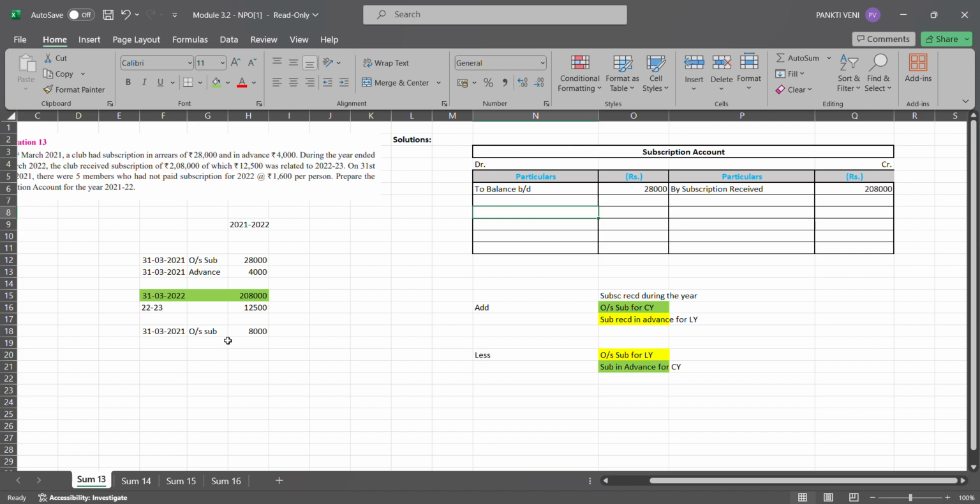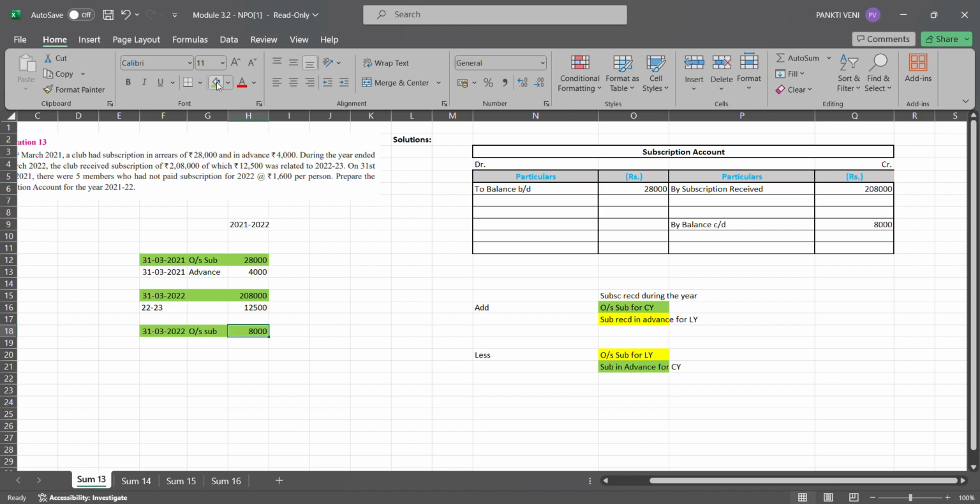I have one more outstanding, 8,000 rupees. So this outstanding will come here by balance carried down, 1,600 into 5. So both the outstandings, opening outstanding and closing outstanding, I completed. This is 2022.